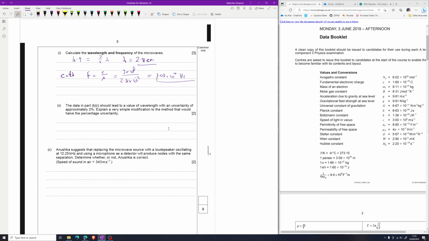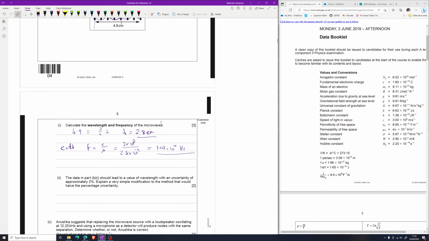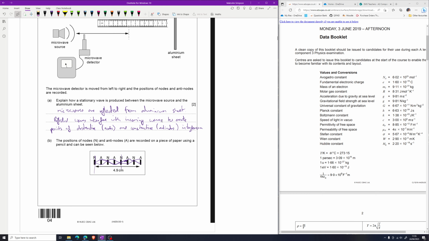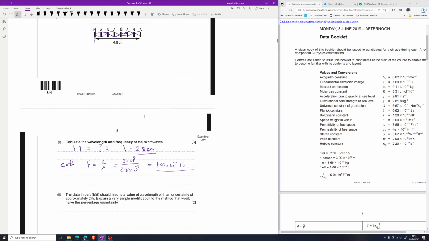The data should lead to a value of wavelength with an uncertainty of approximately 2%. Really? Explain a very simple modification to the method that would halve the percentage uncertainty.